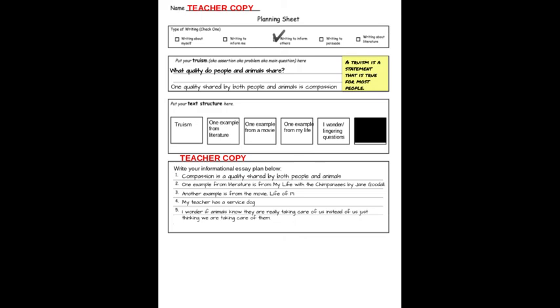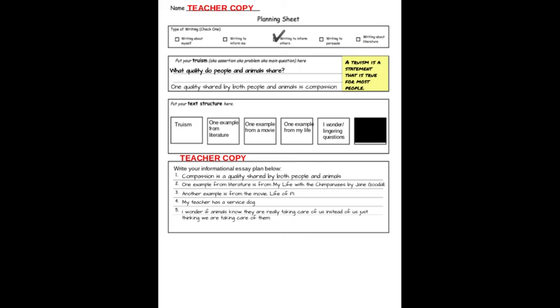Or maybe I'm saying they are both intelligent. What are some other words that could take the place of the word intelligence? The reason I want you to come up with a list of synonyms is because I don't want you to repeat your descriptive word throughout your essay over and over again. I want you to be able to mix it up.